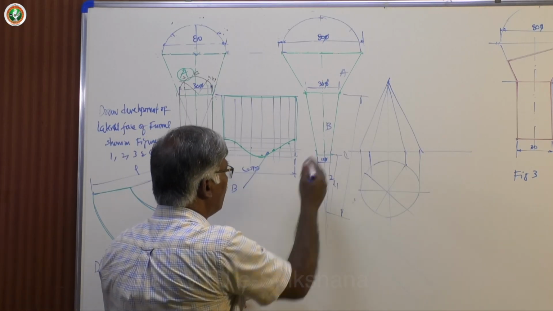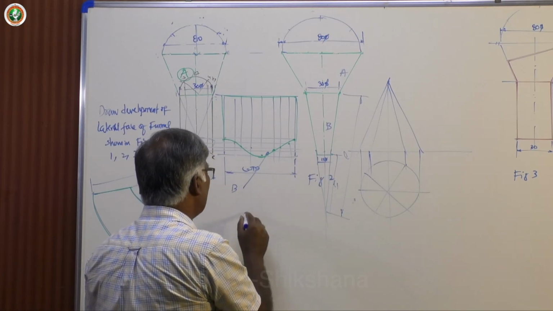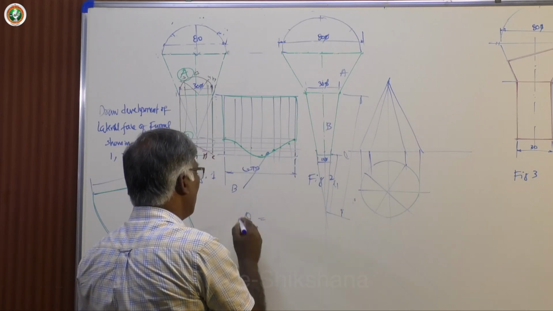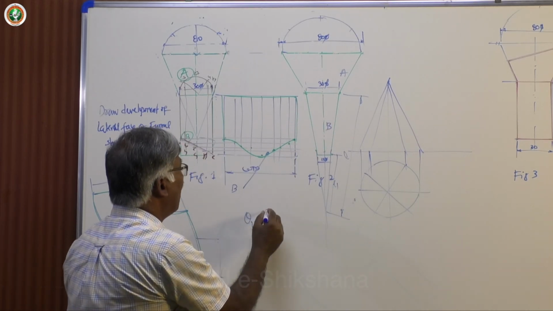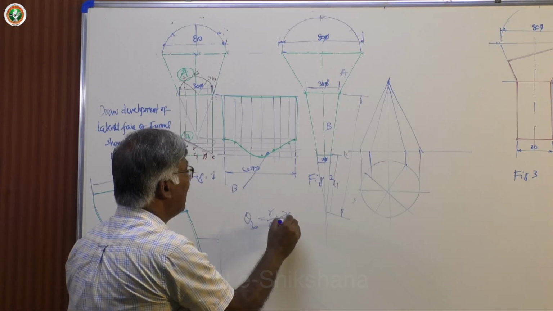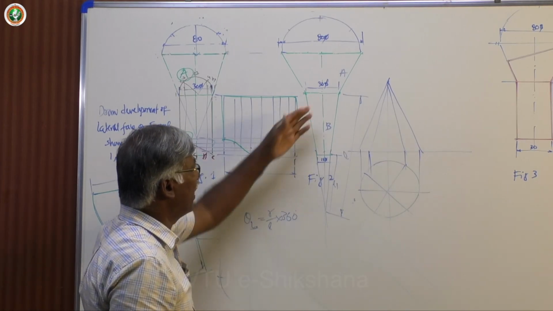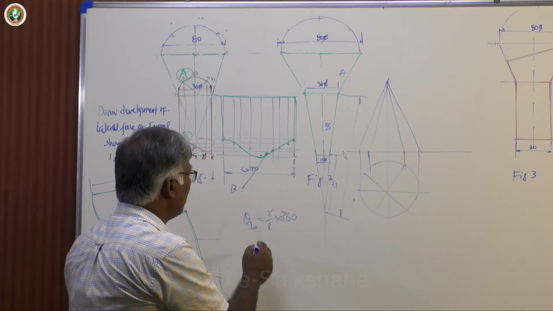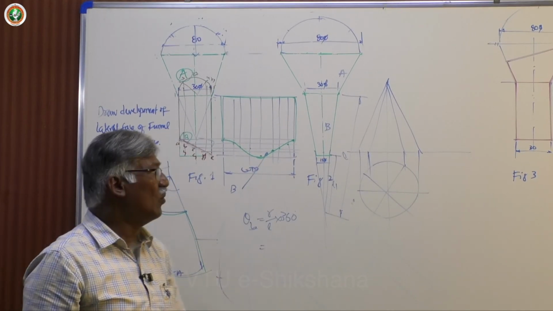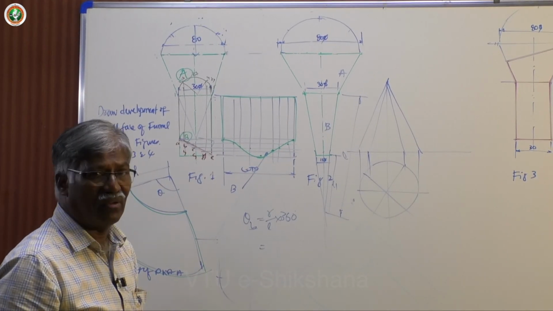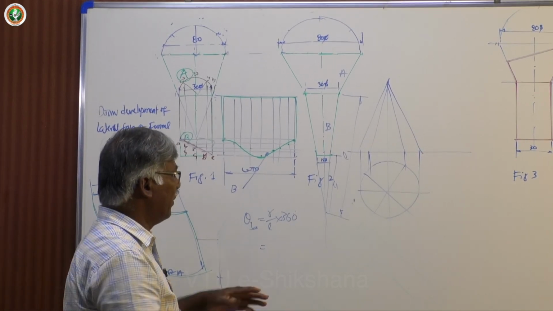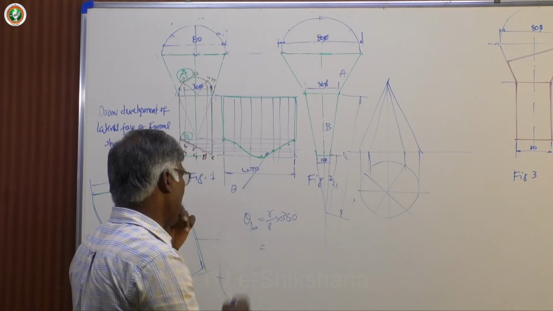Now how to do it? Suppose you calculate theta B for part B: R by L multiplied by 360. You will get some value around 200, and this one is 30, and if you calculate you will get around 44 degrees or something like that. That all depends on the values you have.